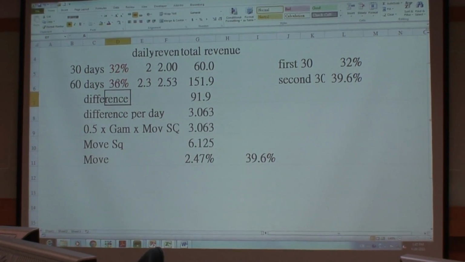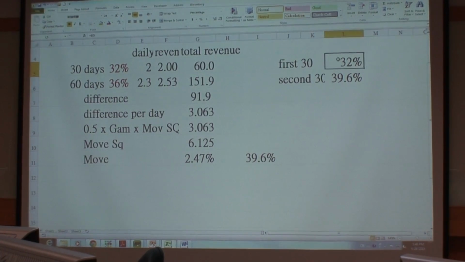So now I pay vol 36 for the coming 60 days, out of which the coming 30 days are volatility 32. So out of a total of 151, or 152 in value, 60 belongs to the front month, so 92 belongs to that second set of 30 days.